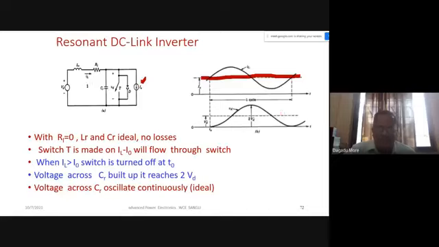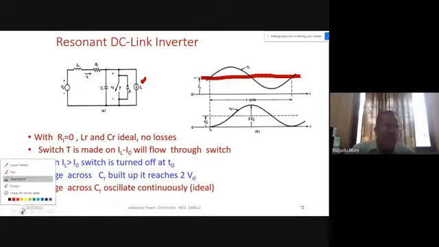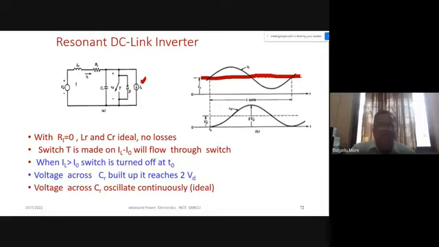Whereas we want to resonate this, in that case our IL will not be constant, it will be DC, but it is varying within the two limits. So our IL current is not constant like I0, because we are considering steady state, and this will be our I0.